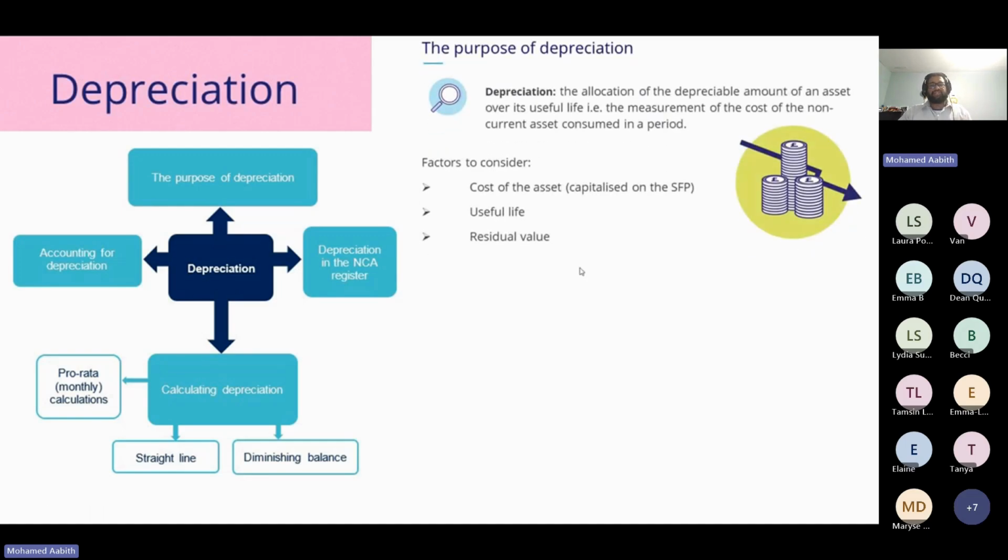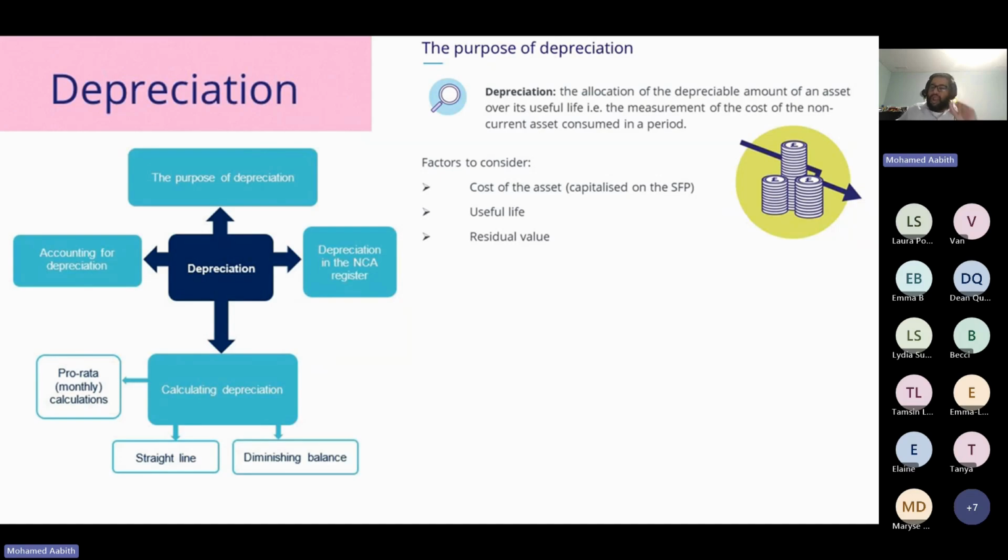Okay, so let's see here. What are the things to consider? What is the purpose of it? It says the allocation of the depreciable amount of an asset over its useful life, the measurement of the cost of the non-current asset consumed in the period. So that means if I buy a car for 20,000 pounds, I expect to use at least 30% of that value in the first year. That means 6,000 pounds worth of value of that car is used in that first year.